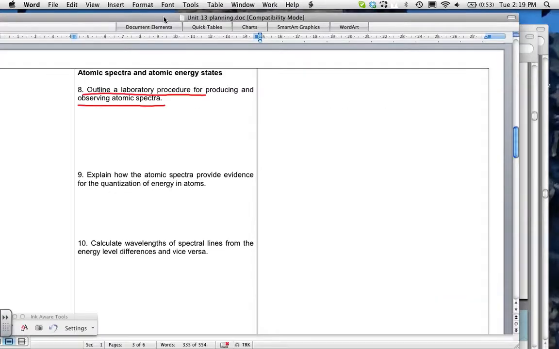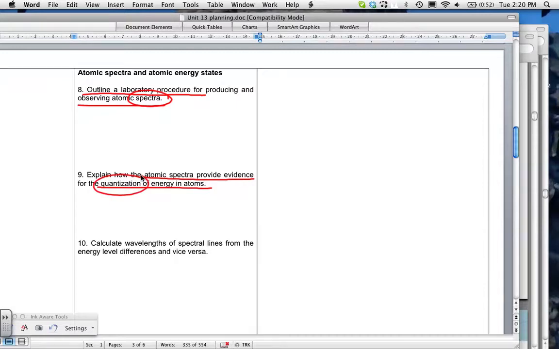So going back to this, the idea here was to explain how atomic spectra provide evidence for the quantization of energy in atoms. The line spectra show this because only very specific wavelengths, and therefore frequencies and therefore energies, are emitted or absorbed, and that shows that the energy is indeed quantized.